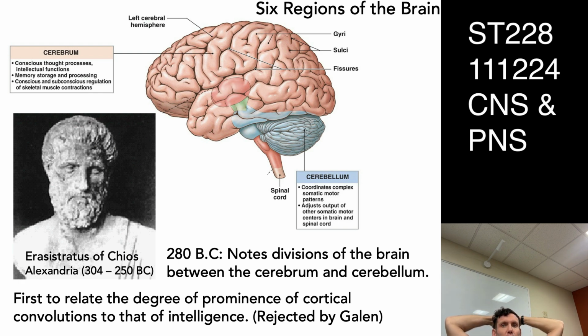He thought that those folds, that wrinkling on the surface of your brain, the more you have of that, the higher your intelligence is. So this notion was entirely rejected by Galen. He said that's complete bullshit.